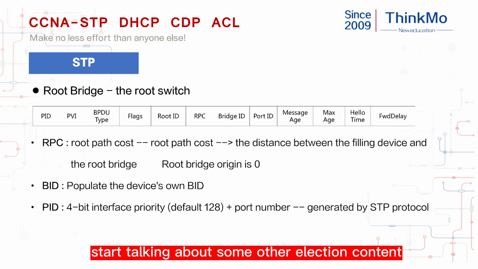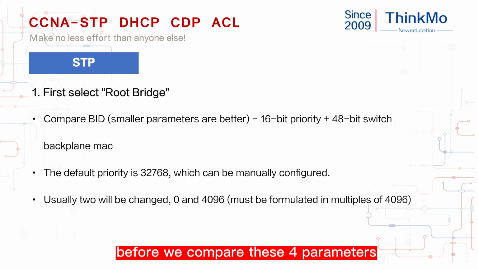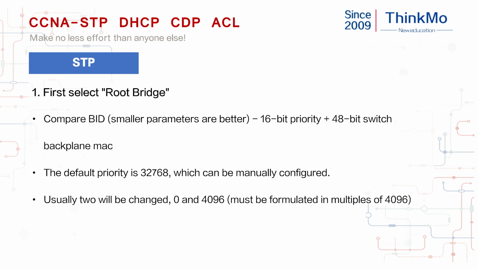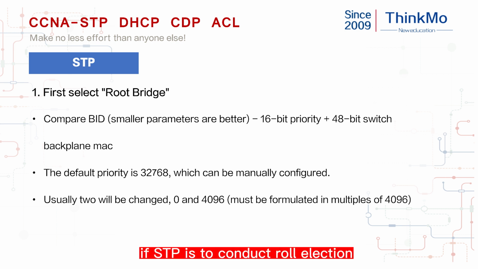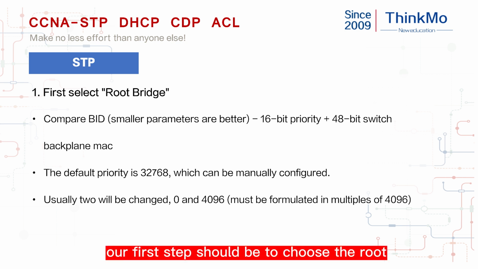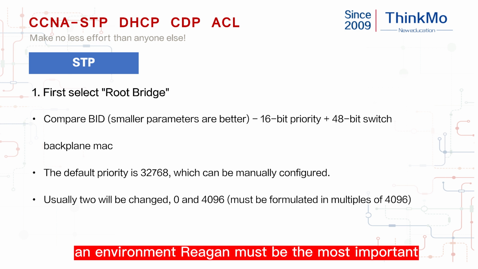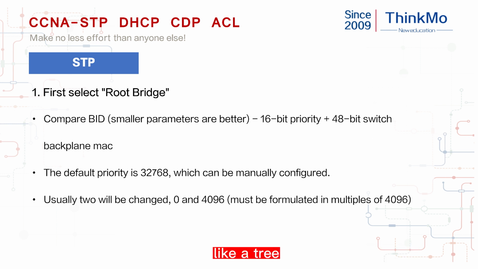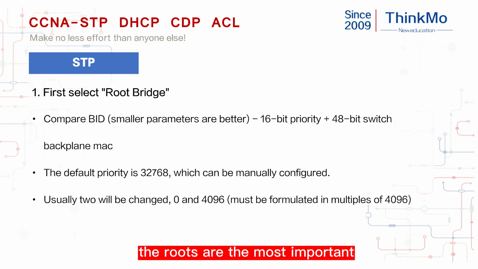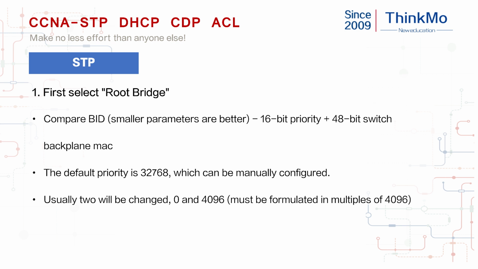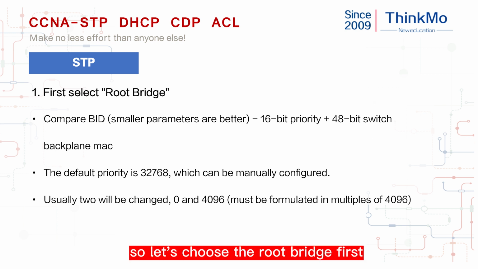Then we officially start talking about the election content. Before we compare these 4 parameters, I want to emphasize: if STP is to conduct role election, our first step should be to choose the root. In an environment the root must be the most important, like a tree. So let's choose the root bridge first.